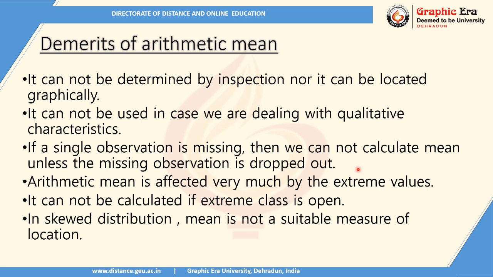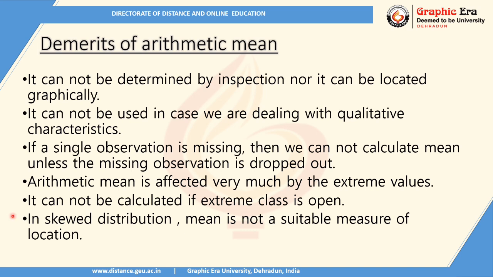So we can calculate mean only when we drop the missing observation, or we put a hypothetical value in place of that missing observation. The arithmetic mean is affected very much by the extreme values. It cannot be calculated if extreme class is open.